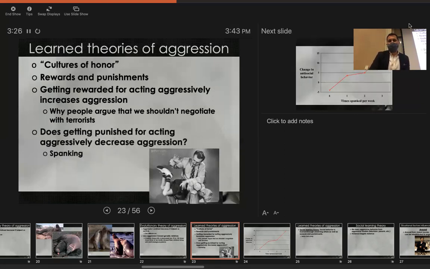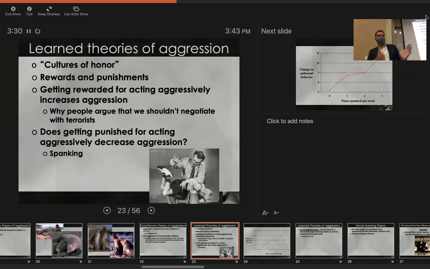And this raises an interesting question, because if you take spanking, for instance, so imagine that you've got parents who spank their child every time their child misbehaves. So let's say that a child behaves aggressively and they then get spanked, okay? On the one hand, they're being punished for behaving aggressively. So according to principles of operant conditioning, being punished for behaving aggressively should lead them to be less likely to behave aggressively in the future.